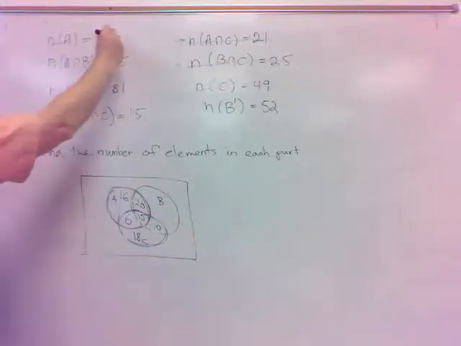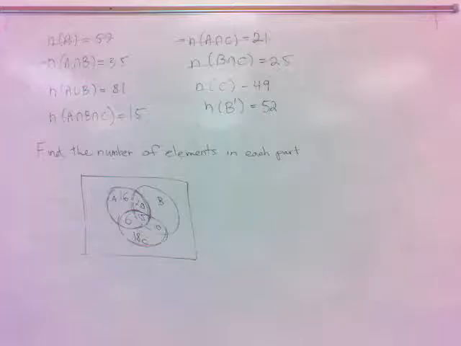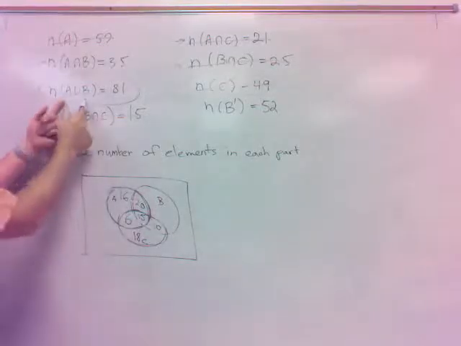Well, we are almost done. Notice we still have this part and then the outside part. Well, let's see what we can do with this. The number in the A union B is 81. Union is everything in this set combined with everything in this set.